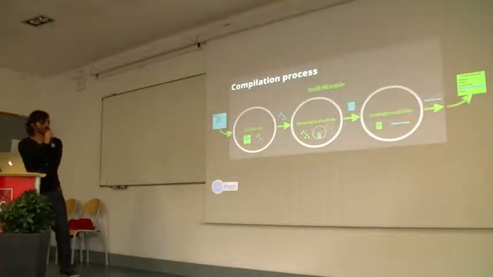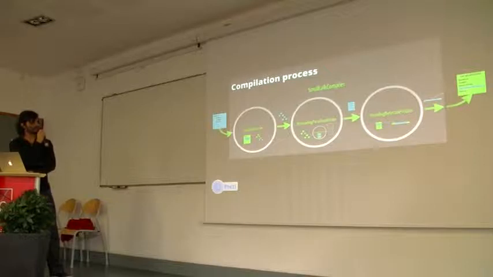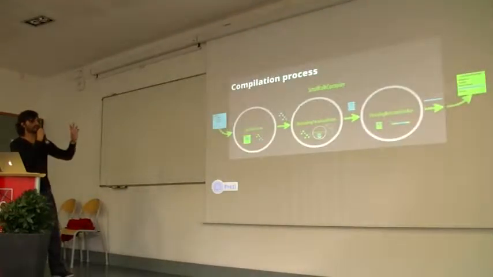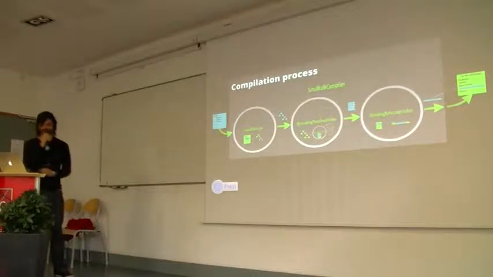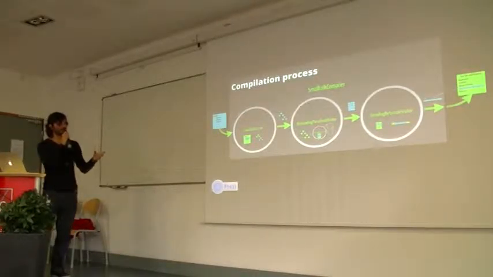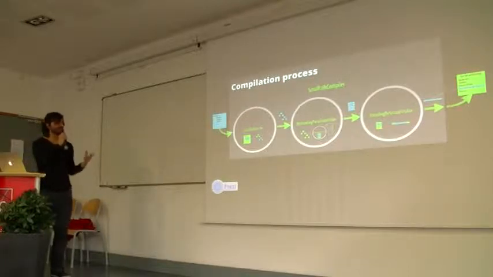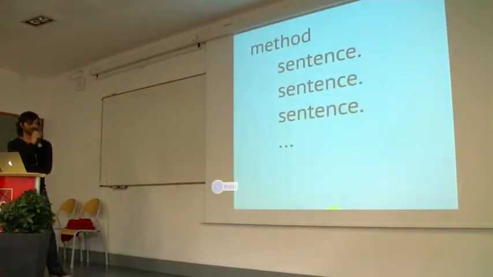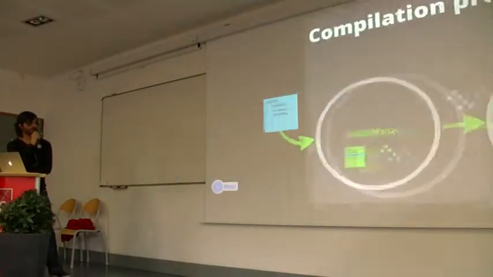So, well, I went a little fast with this. This is a snapshot of the big picture of the compilation process. Here I wanted to emphasize the main objects involved in this particular stage of bytecode generation. We have, again, source code.